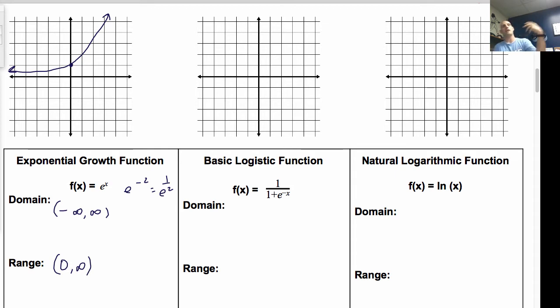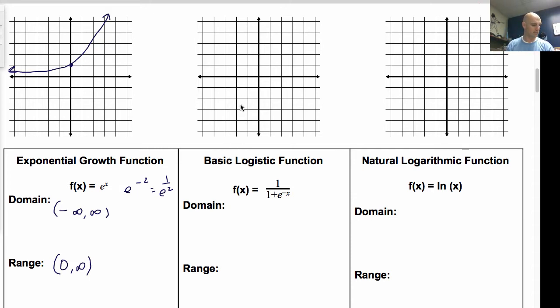So I couldn't have something go to 0. In that way, it's sort of like that reciprocal function that we were just talking about. But our range here is 0 to infinity because we stay in the positive realm because it's still an exponent after all. It's x in the exponent. But we can't have a negative, because when you put a negative x in, it becomes a fraction, so you can't ever get 0.